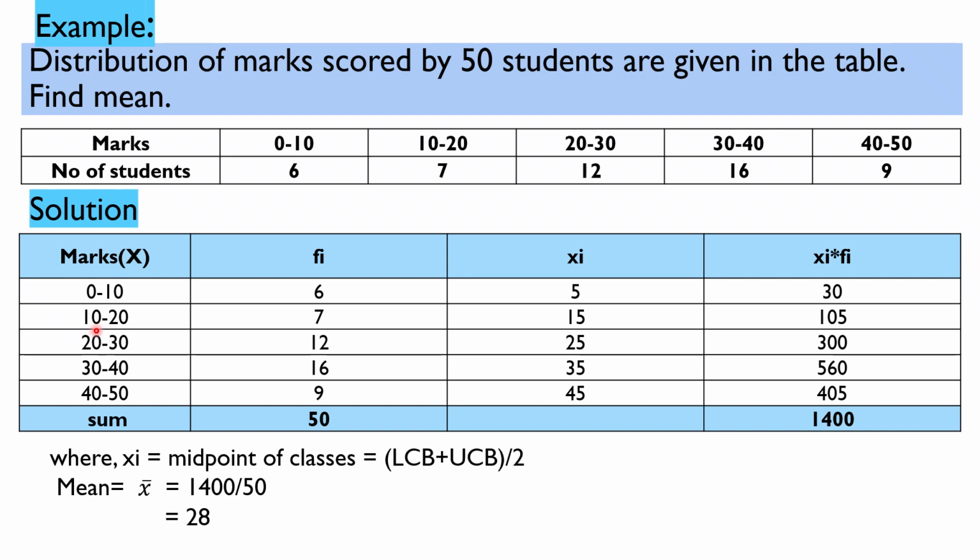For second class it will be 10 plus 20, which is 30, divided by 2, 15, and so on. Then we obtain next column by multiplying xi into fi, and its sum is coming 1400. So mean is equal to 1400 divided by capital N, which is summation fi, which is equal to 50, and 28 is the mean of the distribution.